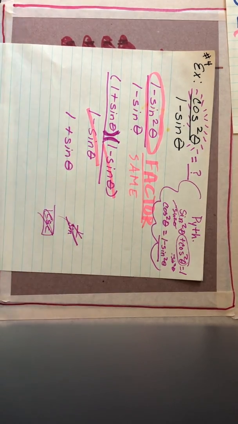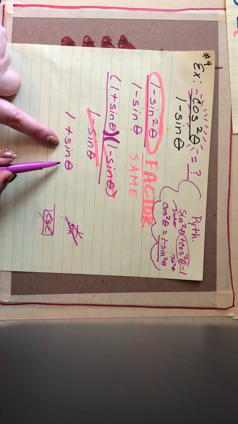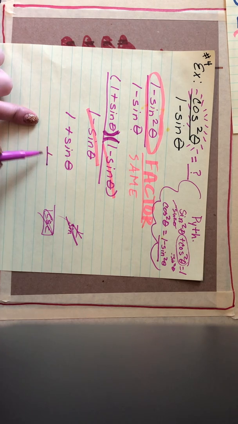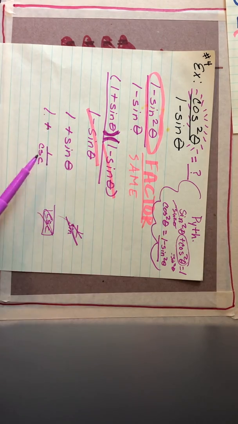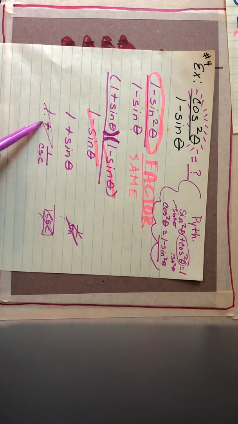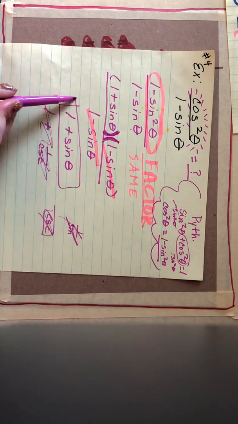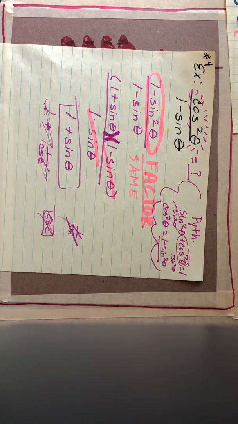It's got a plus sign. We could change sine to 1 over cosecant, but then I'd have a whole number plus an even more complicated fraction. So this isn't it. So 1 plus sine is the answer. So not all of our answers are going to be just one chunk or one term. Some of them are going to be 2 terms, 3 terms.